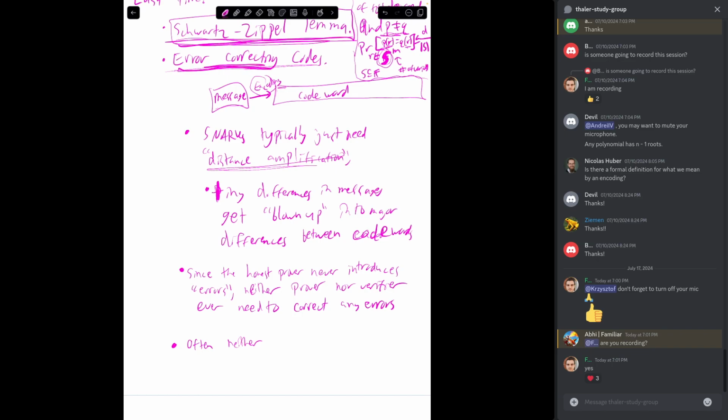And so intuitively what SNARKs need is something that will take tiny errors or deviations between messages and blow them up into very, very easily detectable differences. And that's exactly what error correcting or distance amplifying codes do.